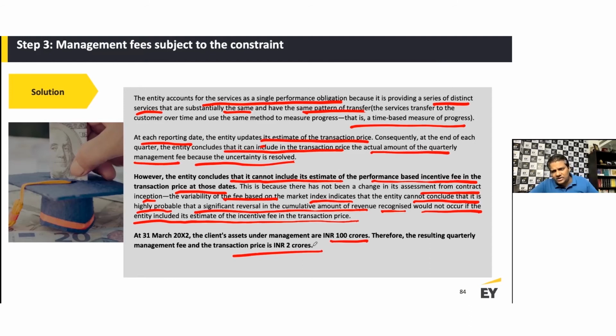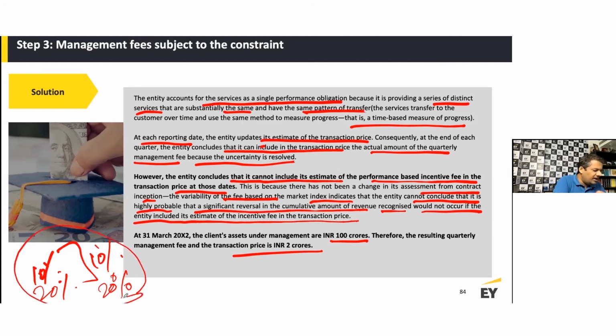So when you get to the year end and all the factors are sorted, say the index return was 10% and my return on portfolio was 20%, I've given an extra 10% return. I'm now entitled to 20% share of that. So I'm going to record another 4 crores, and you only do that when this uncertainty is resolved, because only then does it become certain.